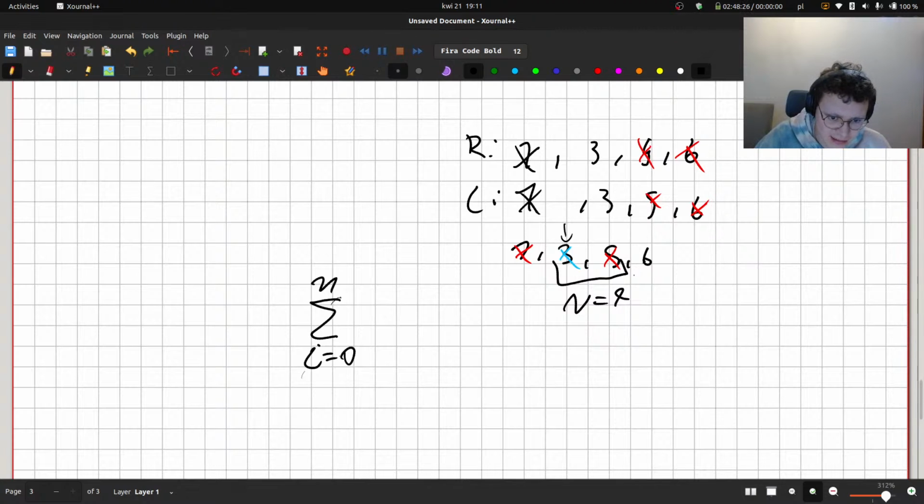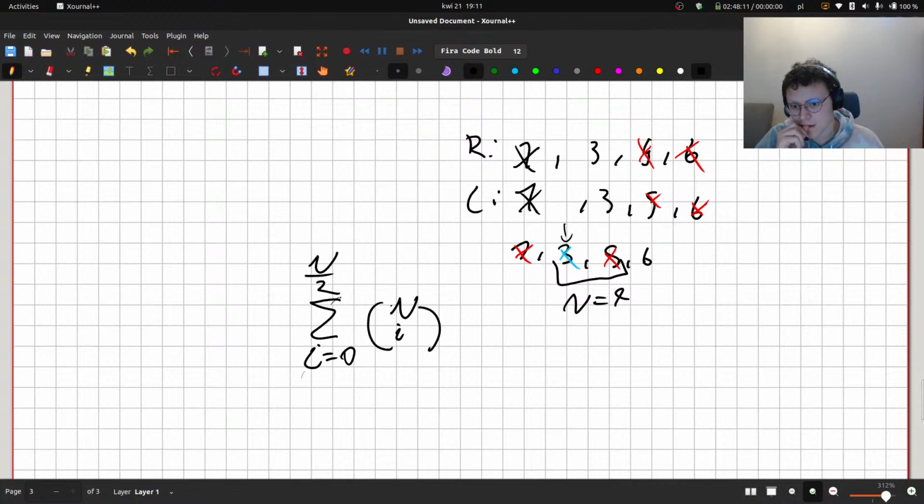We can get it. So basically our answer will be iterating over the number of blue colors. It can be at most n divided by 2. And from n values, we want to choose i blue values.